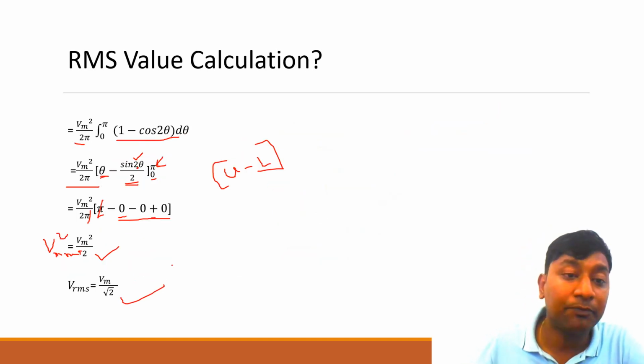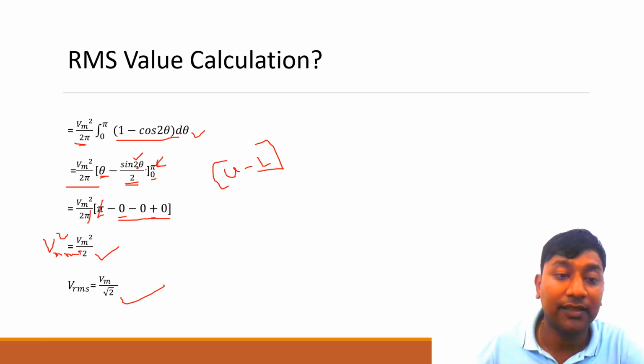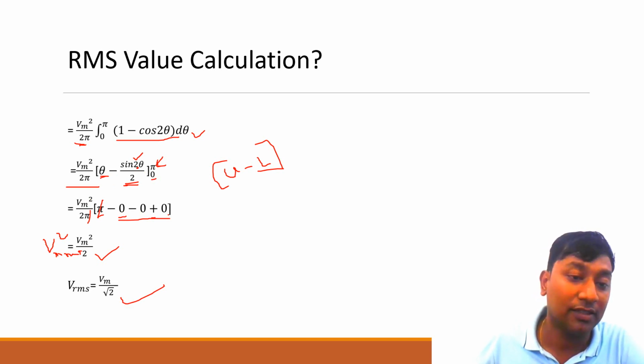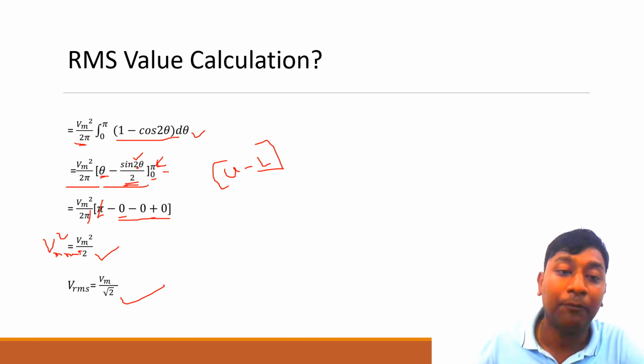Next the 2 we keep outside, so Bm square by 2 pi, integral 0 to pi of (1 minus cos 2 theta) d theta. So Bm square by 2 pi times theta minus sin 2 theta by 2, from 0 to pi. That gives pi minus 0 plus 0, all other values are 0, so the total answer is pi only.